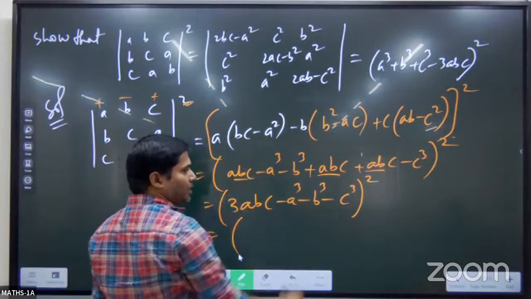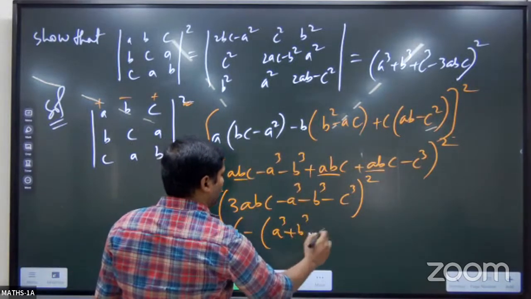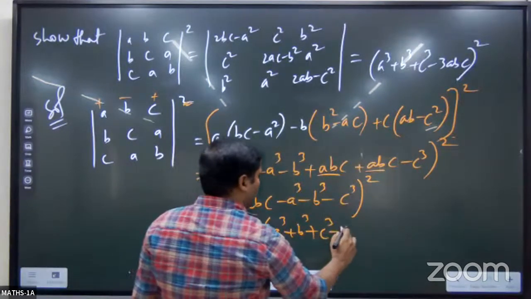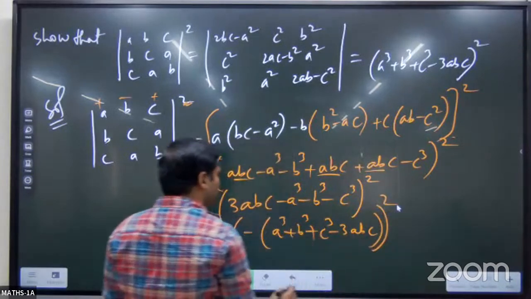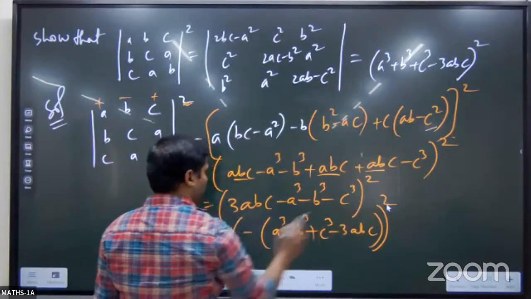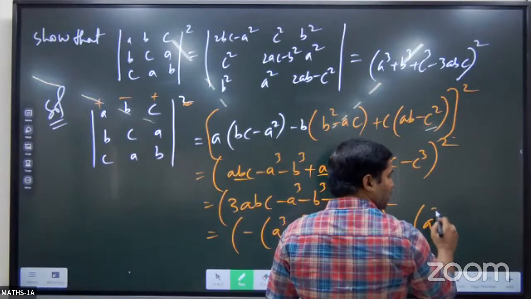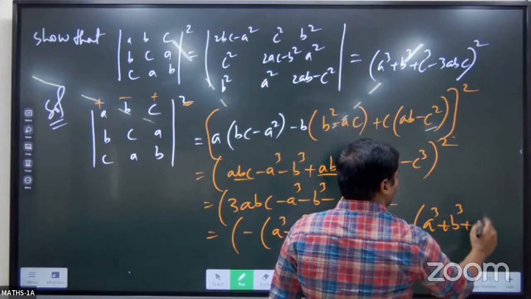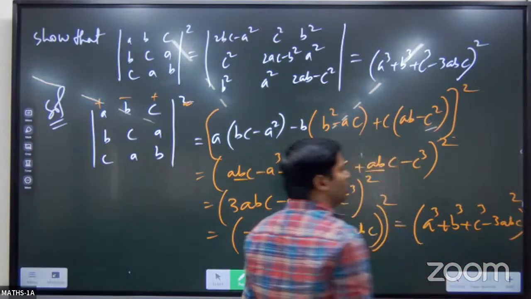Now I can take minus common, then A cube plus B cube plus C cube minus 3ABC, still its whole square. But because of even power, this minus becomes plus, which is nothing but A cube plus B cube plus C cube minus 3ABC, its whole square.